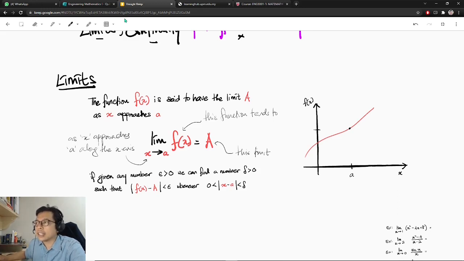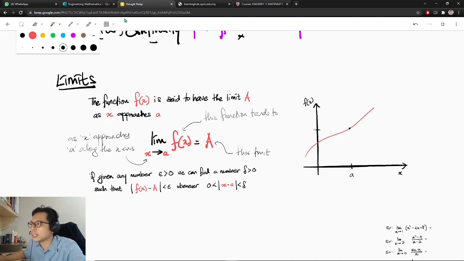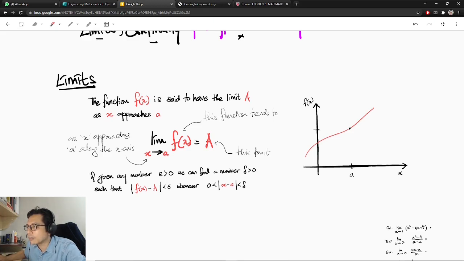And here's what it means graphically. For example, let's say this is a function f of x, and you want to see as x approaches this value here, this number a, from the right and from the left.